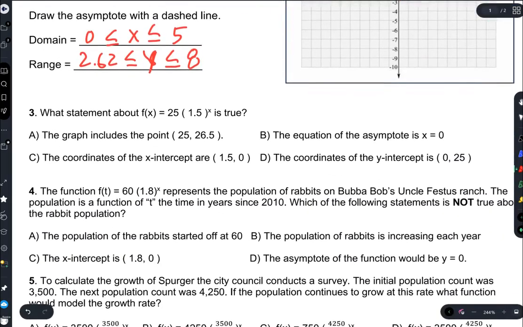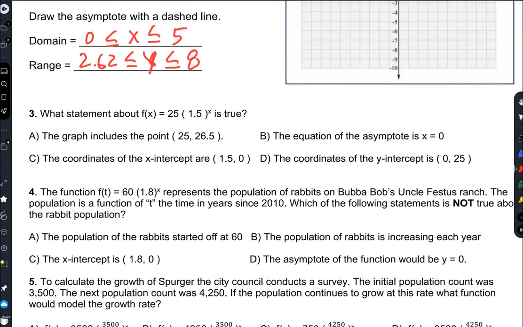Okay, number 3. Which statement about this is true? Remember, this is the y-intercept. This is our growth. And the asymptote would be y equals 0. So we want to know the true statement here.